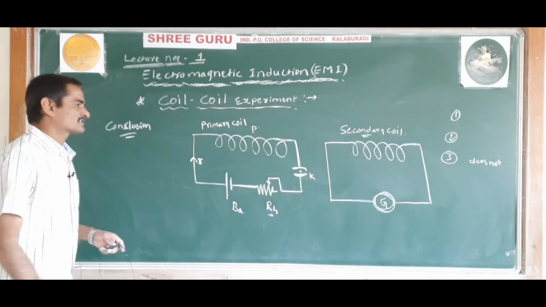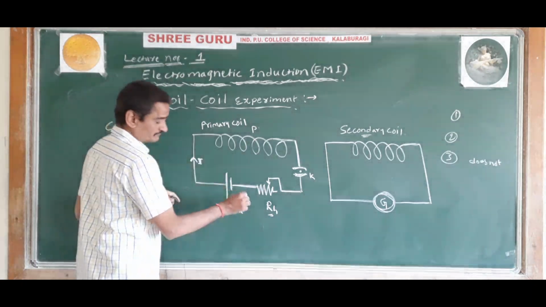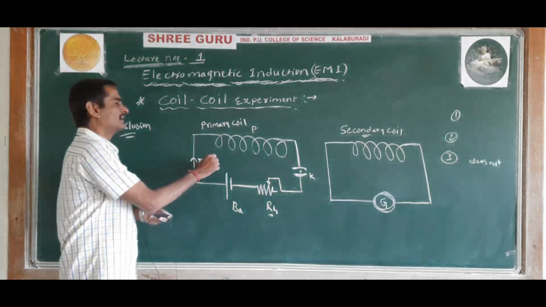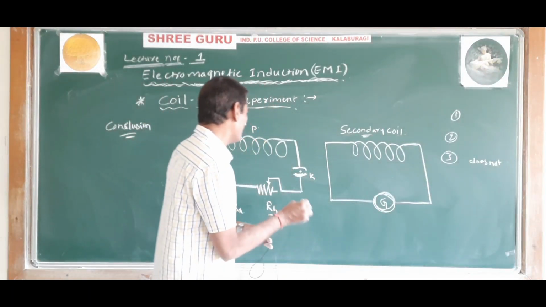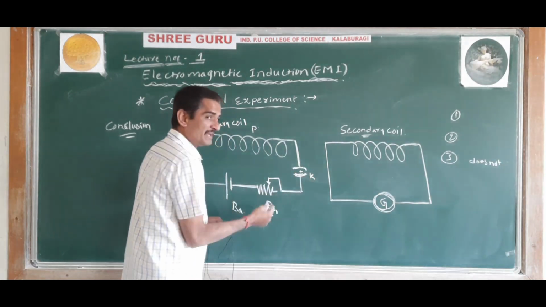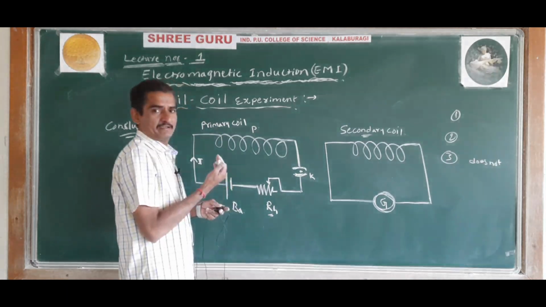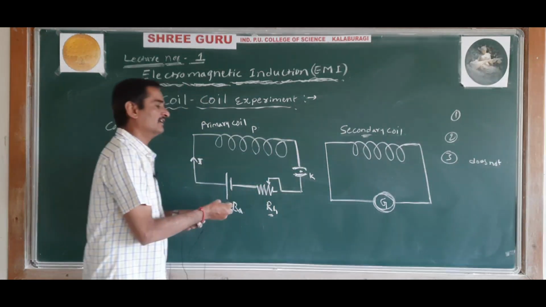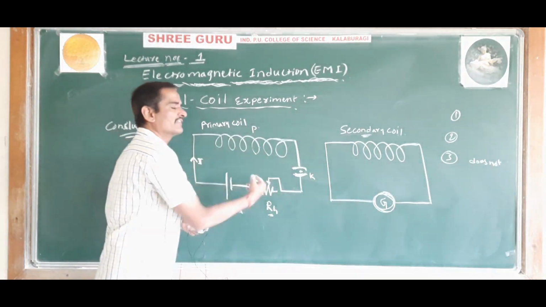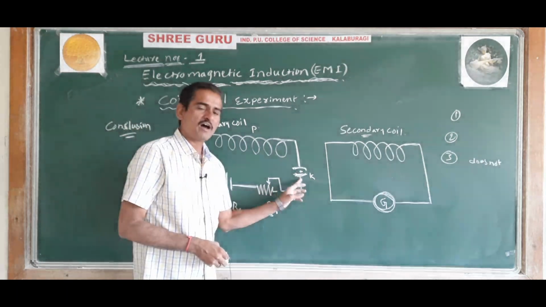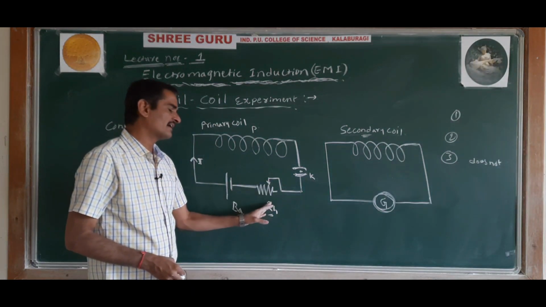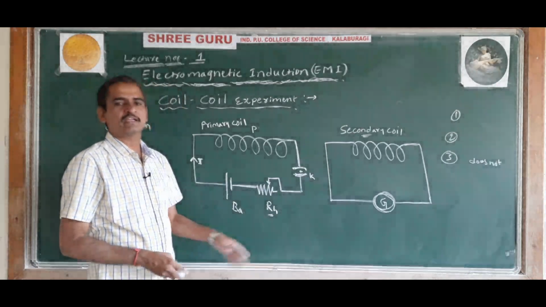And next, when the strength of the current in the primary coil is increased or decreased by using a rheostat or a plug key, that is switching on means suddenly increasing the current, and switching off means suddenly decreasing the strength of current in this coil. Increasing and decreasing the current in the coil can also be done by a rheostat.